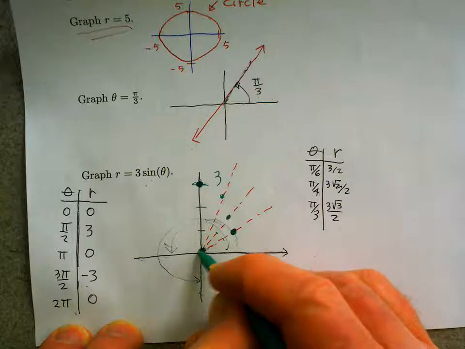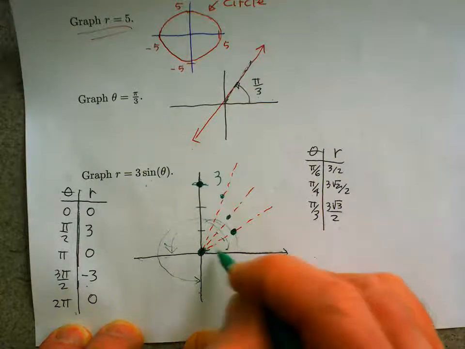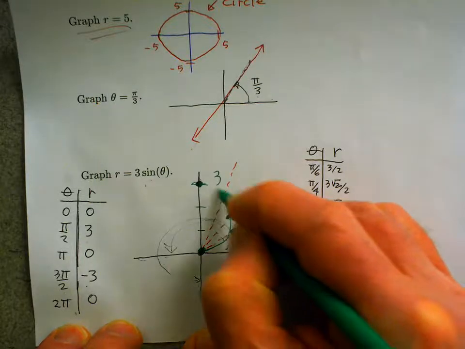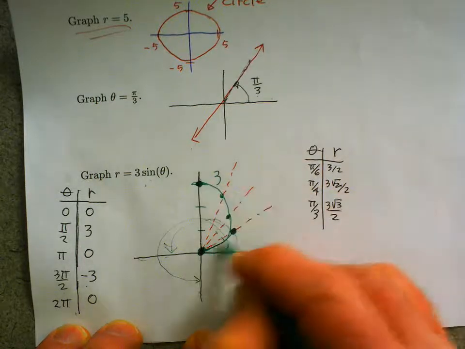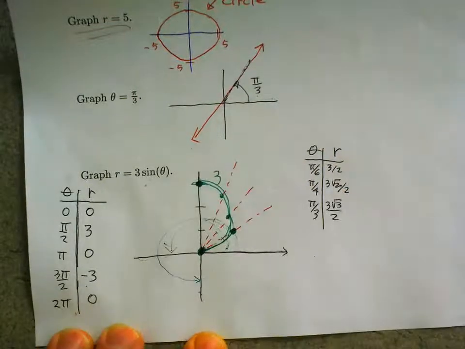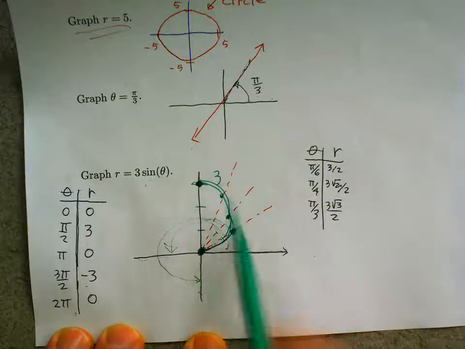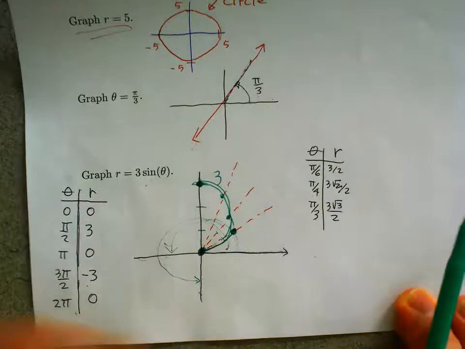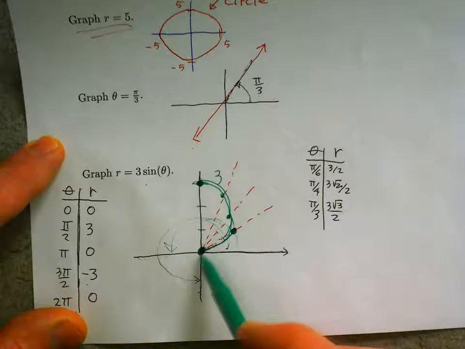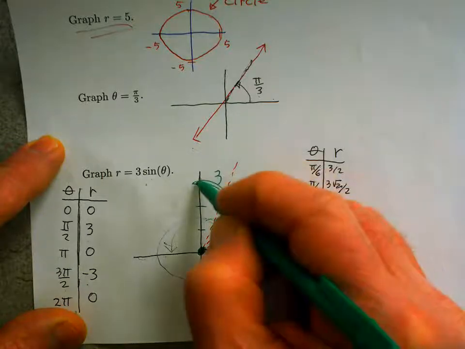Well, my drawing isn't very accurate, but the curve will do something like this, between 0 and pi over 2. It turns out that this is supposed to be a circle.